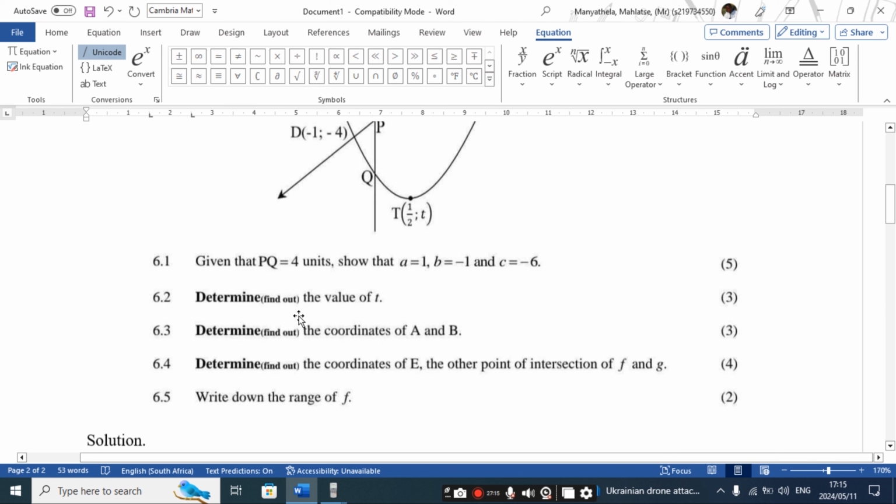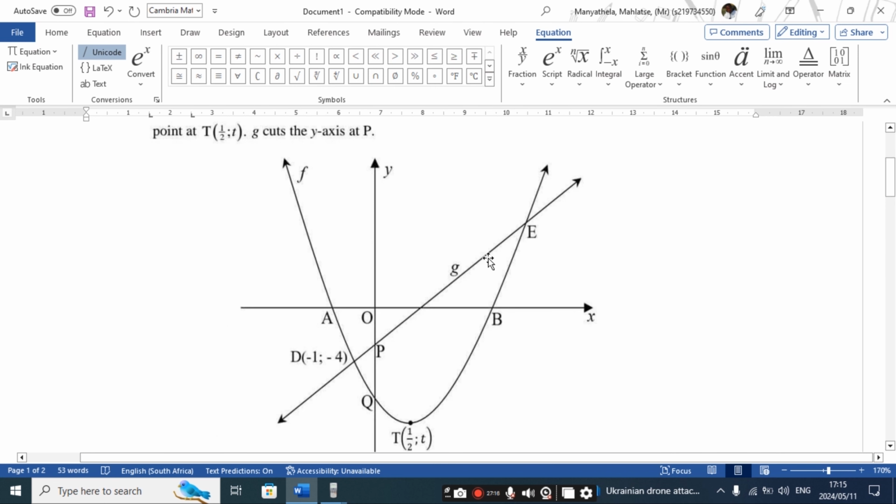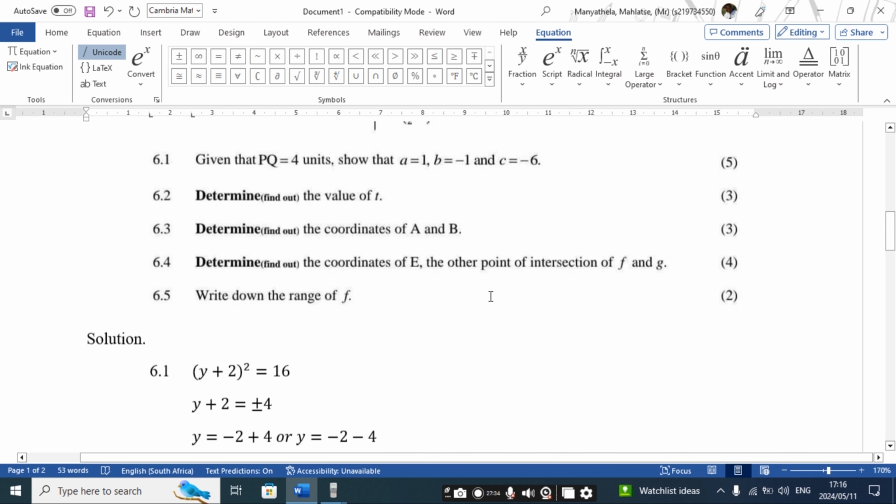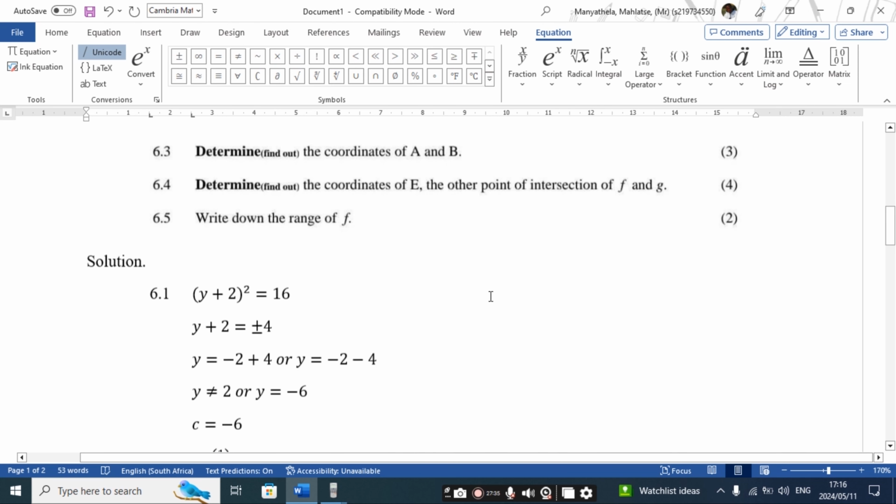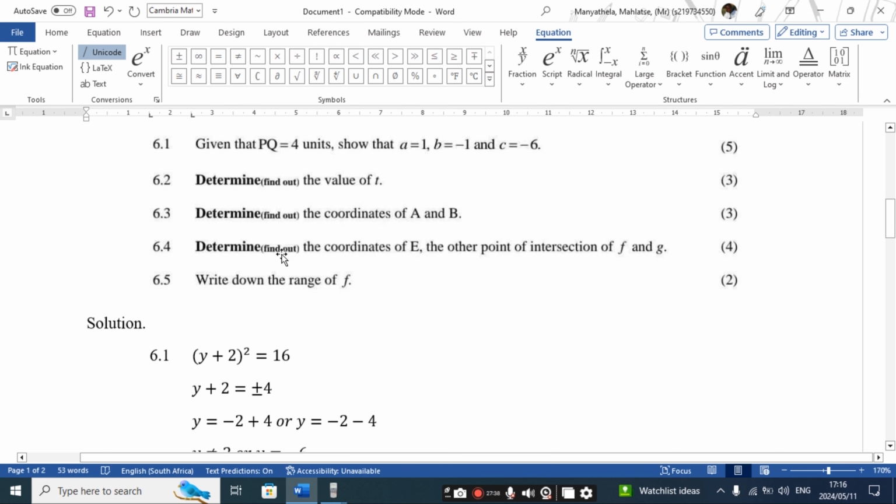Okay, let's look at the diagram itself. We can see that it makes sense, because both y and x at E are above the x-axis, and it is where y is positive and where x is positive. They are in the first quadrant. Okay, we are done with 6.4.